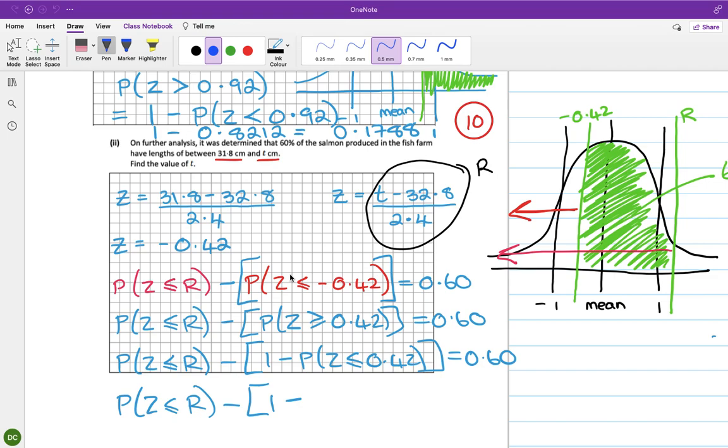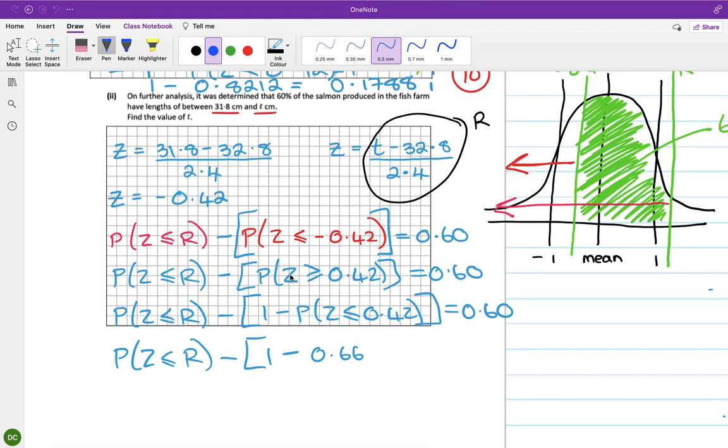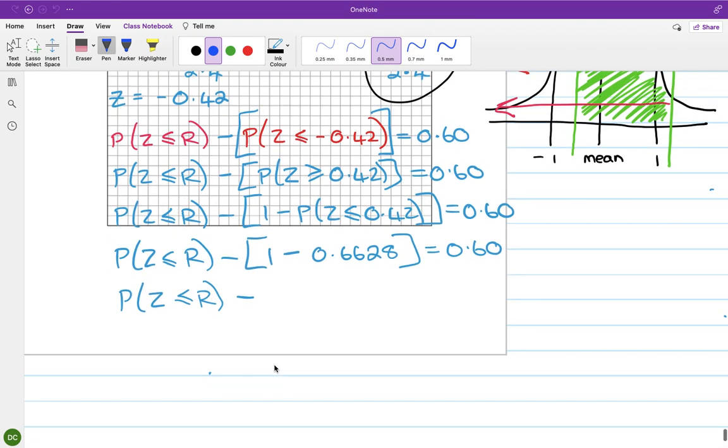So 1 minus 0.6628 equals 0.3372. So I did that bracket and I got 0.3372.